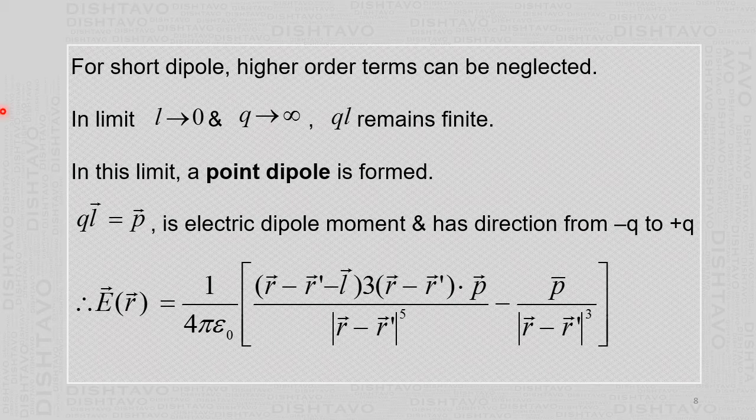For a short dipole, the distance is so small that it is almost like a point, so the distance between the two centers of charge tends to 0. Comparatively, each charge is large, so the charge tends to infinity. In mathematics, whenever one term tends to 0 and the other tends to infinity, their product is finite. So QL will be a finite quantity. Then that short dipole is called a point dipole.